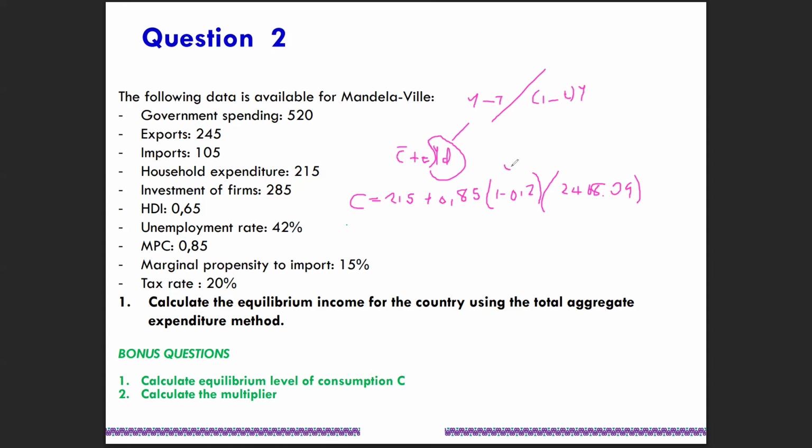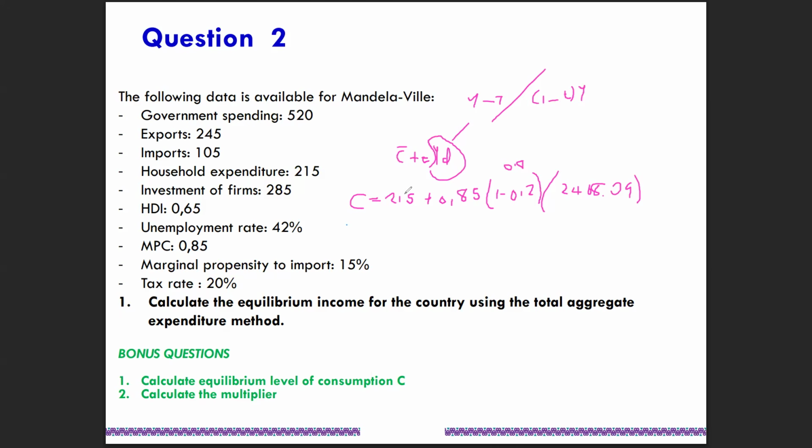You're going to get 0.8. Then you're going to say 0.8 times 0.85, we're going to get 0.68. Then times 2,468.09. You're going to get 1,678.852.